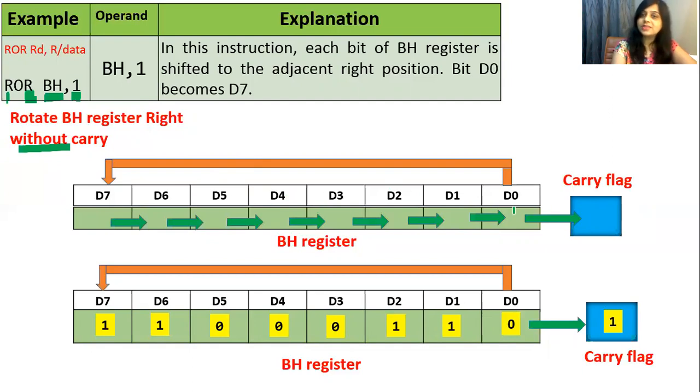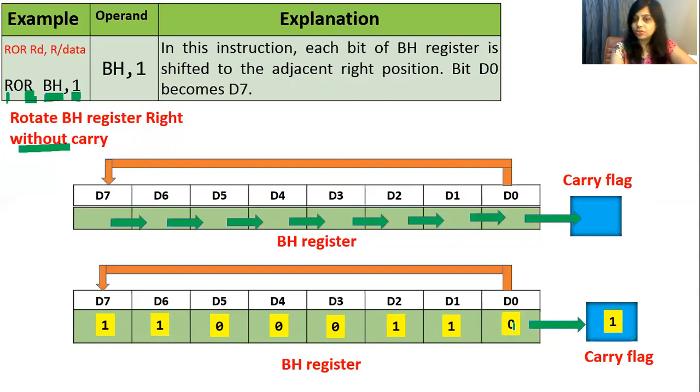So what happens, whatever is there in the D0 bit position in BH register will enter into carry flag, and the same bit will also enter in D7 position, and every bit will rotate towards right by 1 bit position. Now let's assume that these are the contents of the register and let's see what happens.